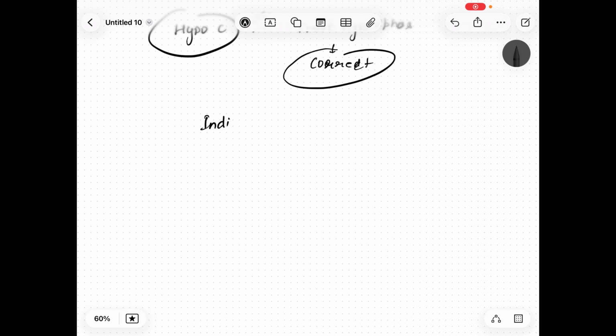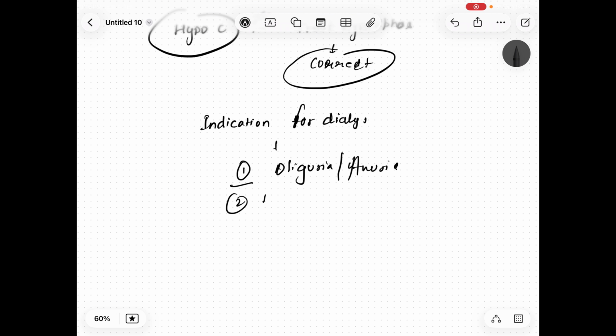Now coming to the last slide, which is indications. What are the indications for dialysis? First one is oliguria or anuria. Second is refractory hyperkalemia. Third one is refractory hyperphosphatemia.